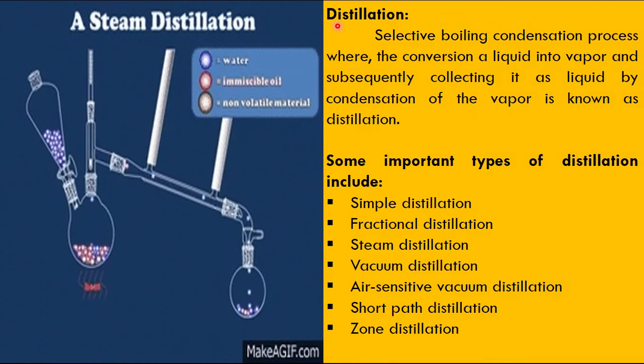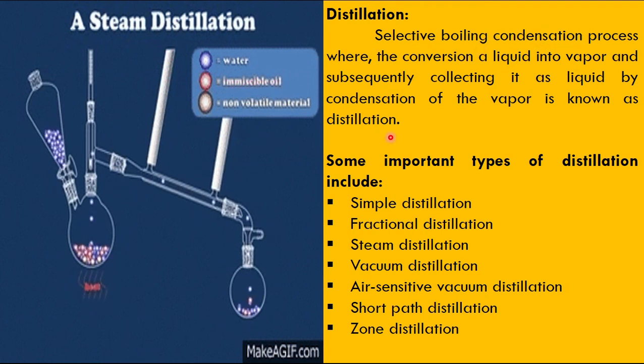The next method of separation is distillation. Distillation is a classical technique which is based on a selective boiling and condensation process. It involves a simple mechanism where the liquid is converted into vapor. Later, this vapor is condensed into a liquid, and this liquid is collected.